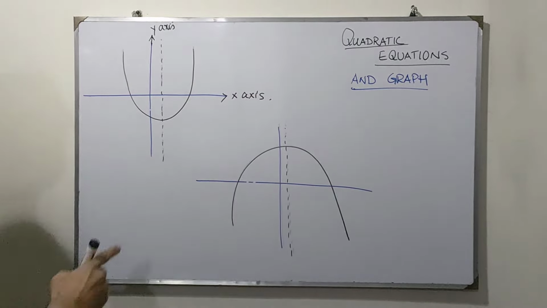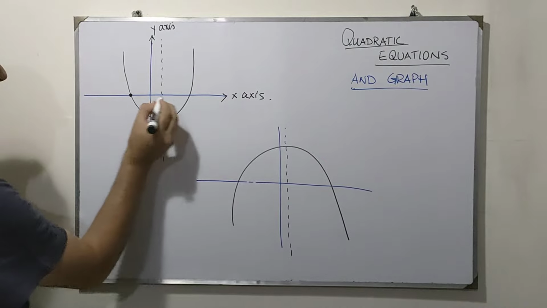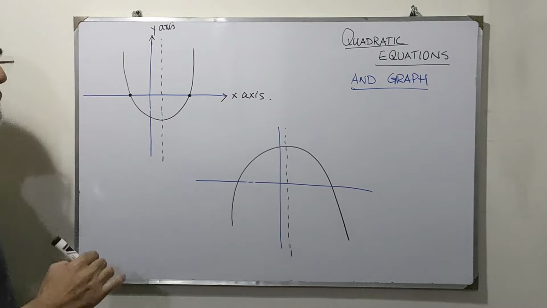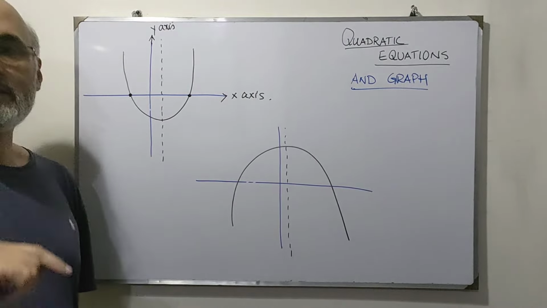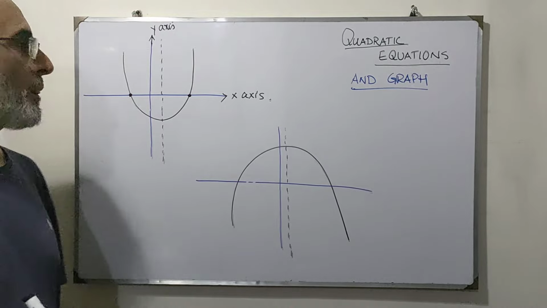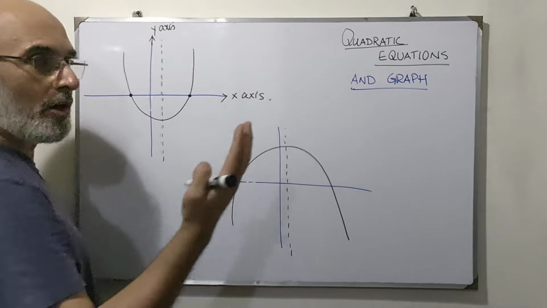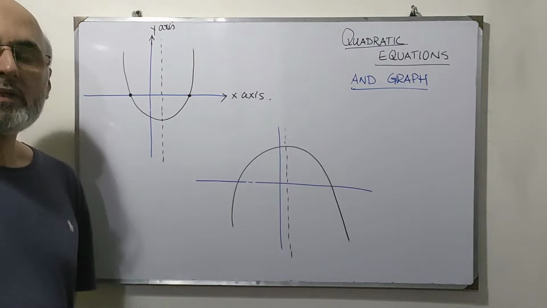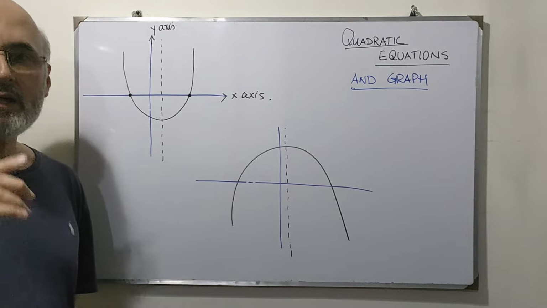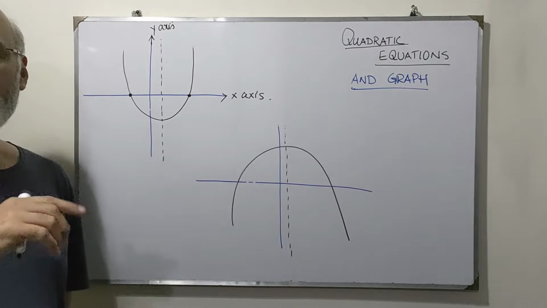Okay, these are the 2 points where the graph cuts the x-axis, right? And obviously it's a quadratic equation and it's going to cut the graph at 2 points.